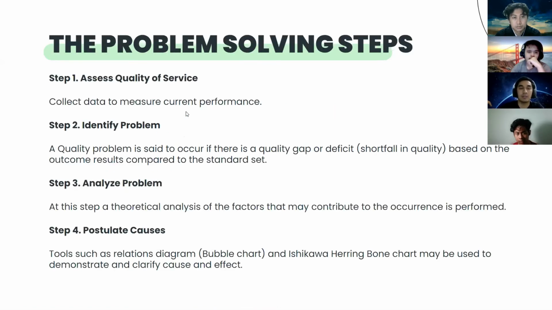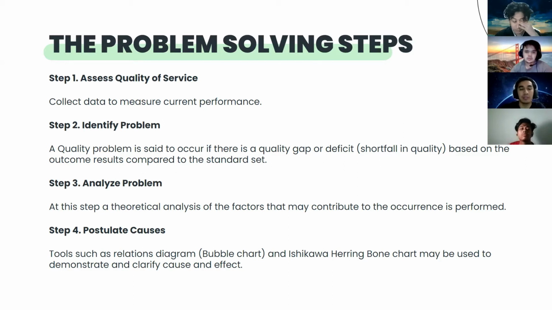Okay. So how to solve the problem? There are many steps that you can take to overcome this problem. The first is to assess the quality of the service by collecting data. The second is to identify the problem. After you collect data, you identify the problem, and then you analyze the problem. After that you can postulate the causes.